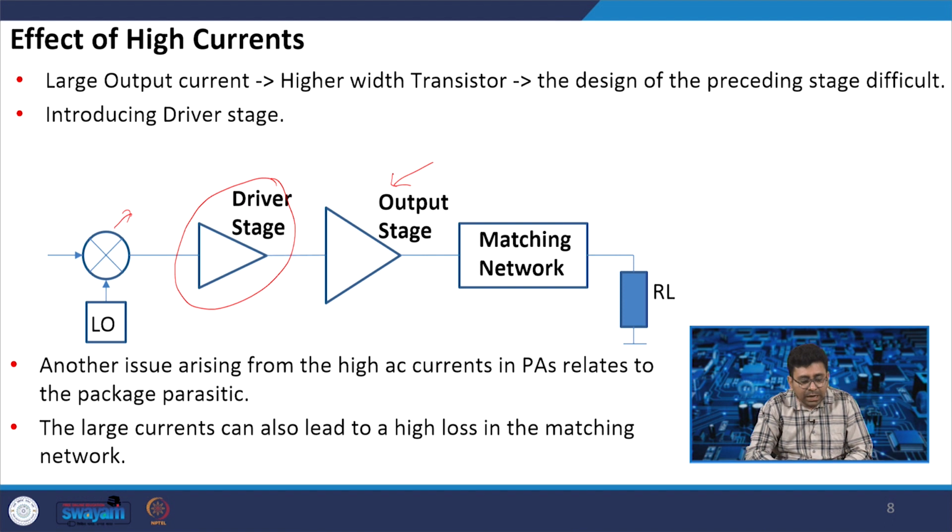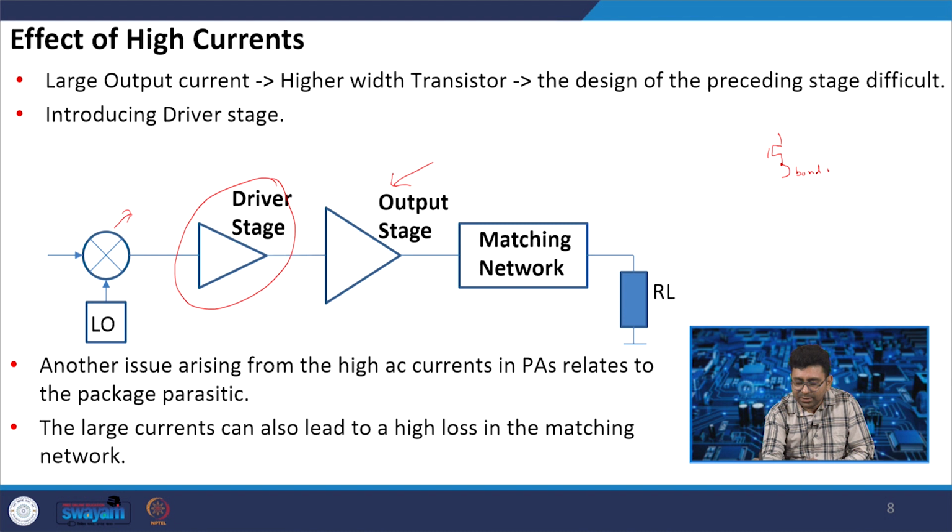Now, another issue that arises in the power amplifier is package parasitics. So, if we consider the bond wire at the source side, in a common source amplifier, the source is connected to the ground, but in the package it will have a bond wire inductance.